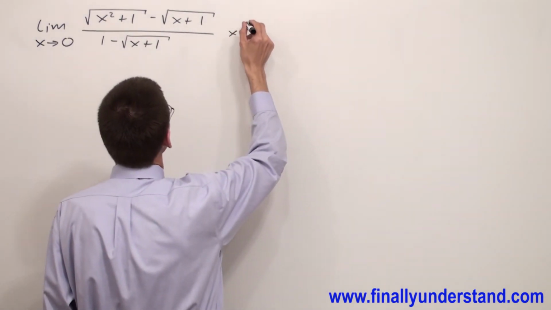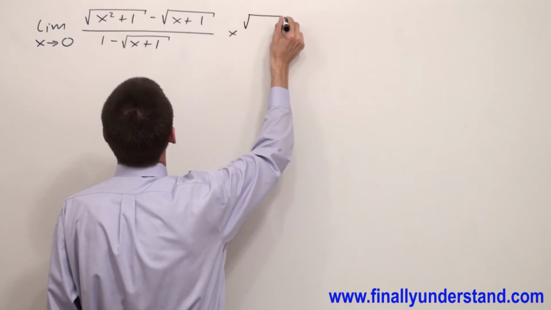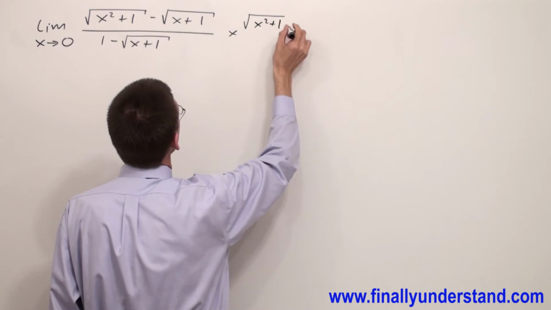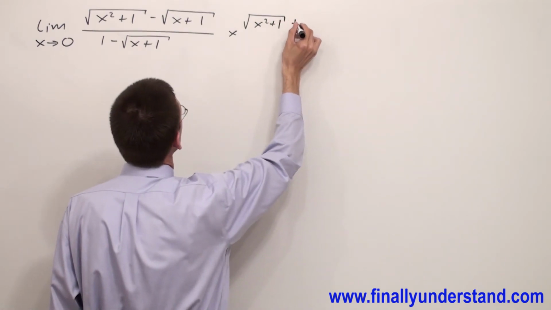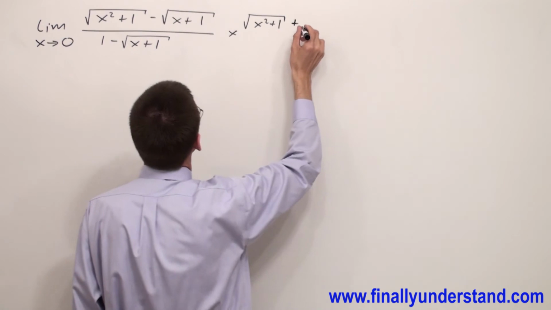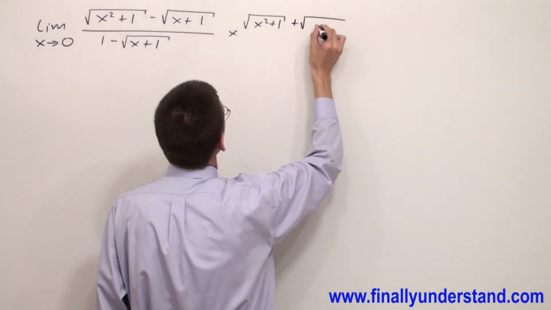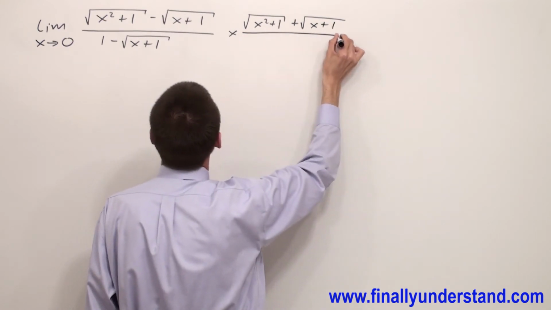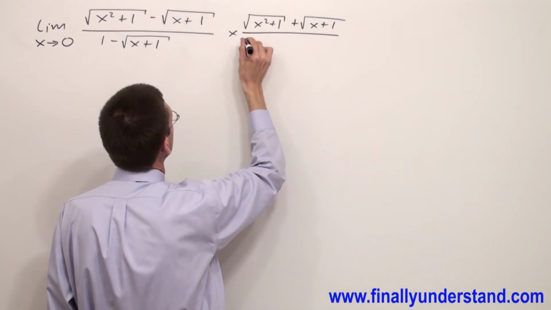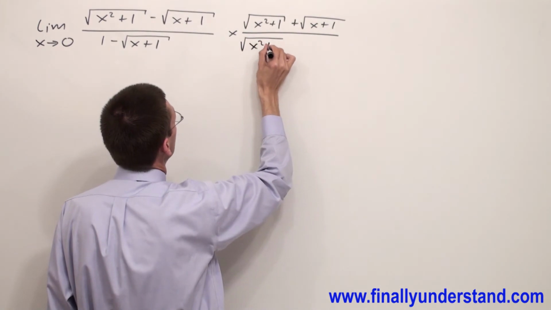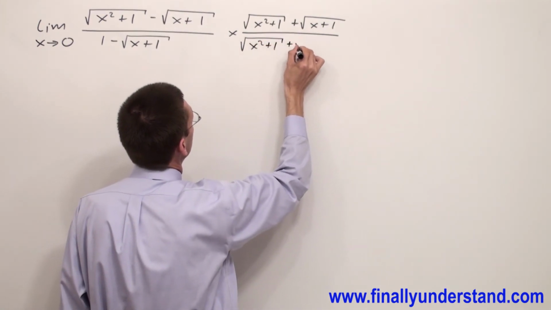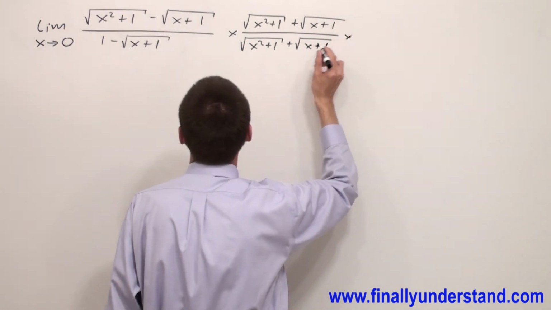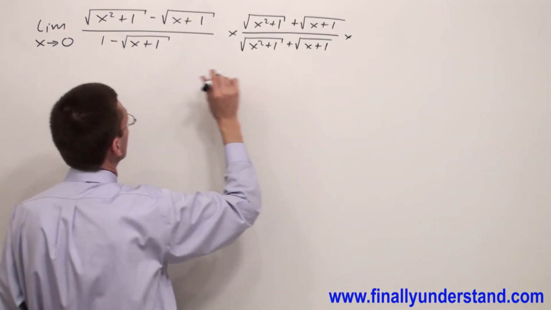That's why I'm going to have square root of x squared plus 1 plus, because I have to find the conjugate of the numerator, square root of x plus 1, over the same thing, square root of x squared plus 1 plus square root of x plus 1 times the conjugate of the denominator.